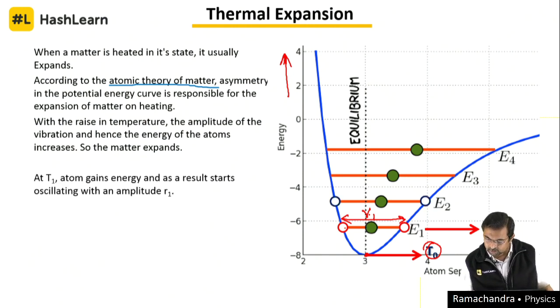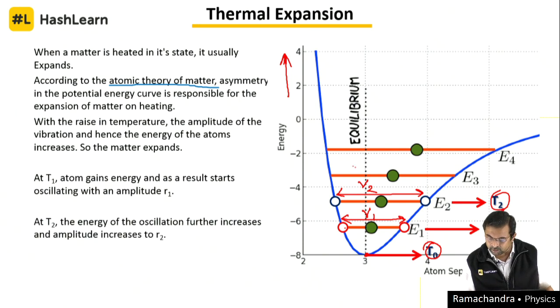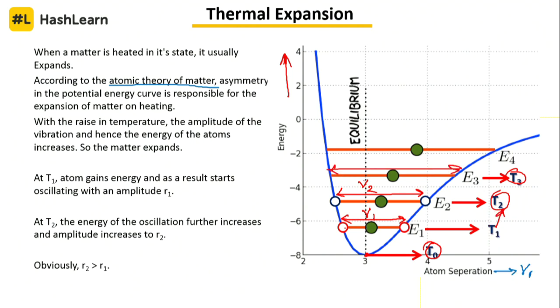If we increase the temperature from T1 to T2, the amplitude will increase from R1 to R2. So at every increment in temperature, you can see that the amplitude of the vibrating atoms, or oscillating atoms, is going to increase.